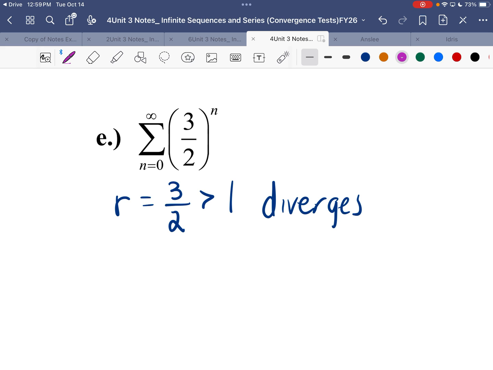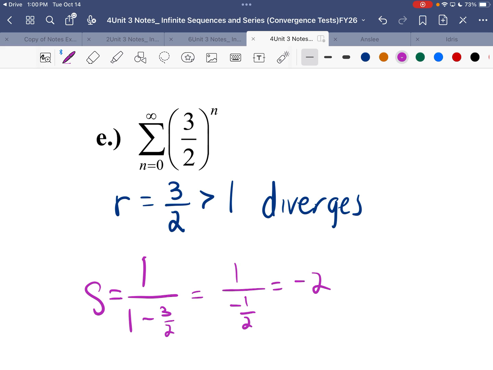If you lost your mind for a second and decided to plug in, you'd have 1 over 1 minus 3 halves, so that'd be 1 over negative 1 half, and so you have negative 2. You get a number. Does this number mean anything?